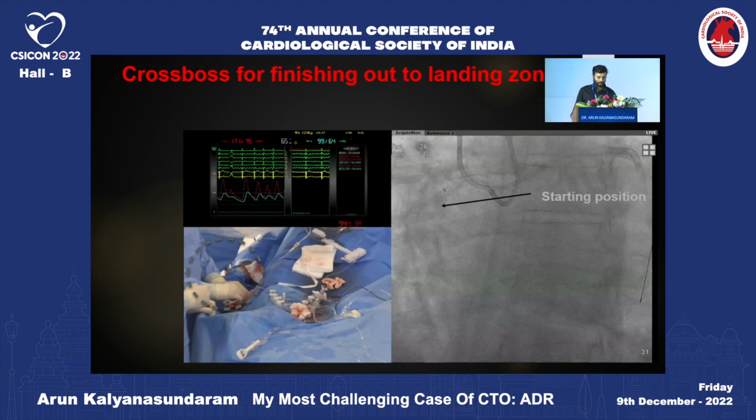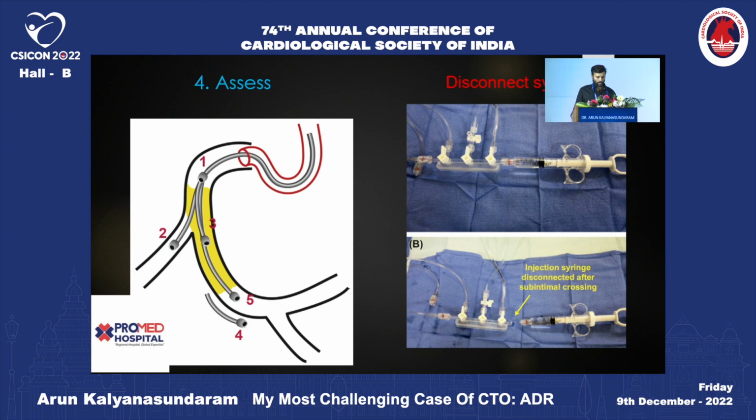I don't routinely do this. You could use a crossbars just for getting to the reentry zone. And once you're here, you really want to be in positions 4 or 5. If you're in 5, it's done, because now you can just pass a wire into the true lumen. If you're in 4, you can typically use a Stingray to re-enter into the true lumen.